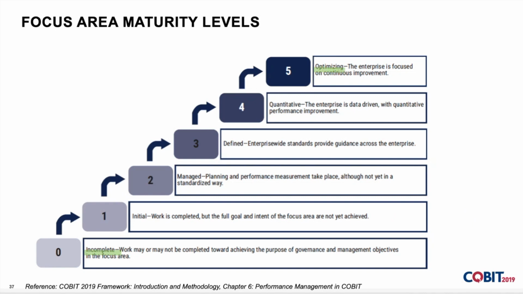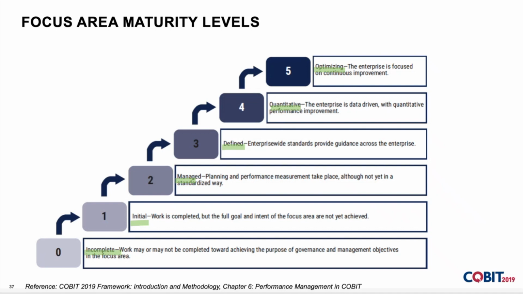And in between there, we have the initial stage, managed, defined, and quantitative, meaning, again, with quantitative, there is a feedback loop that helps over time. Since process capability is a part of your maturity, it will significantly help you to assess at which maturity an organization is actually operating.